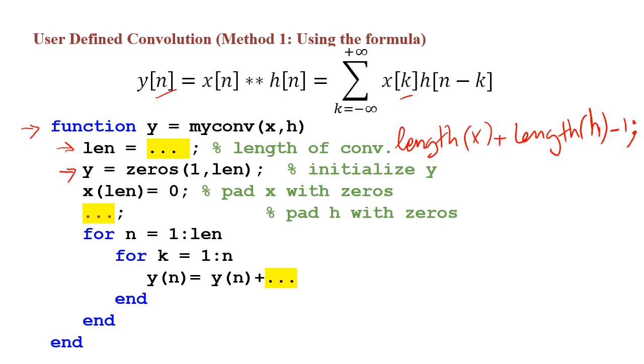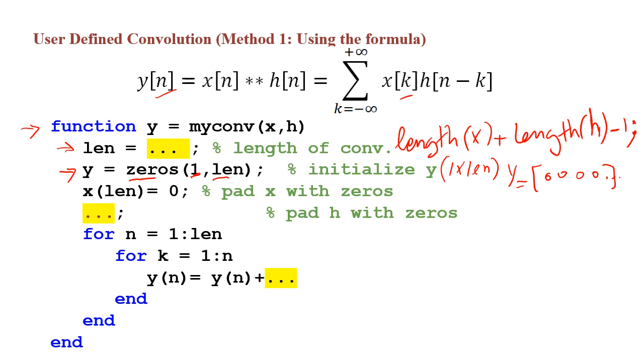So zeros is a built-in function in MATLAB that is used to create a matrix of all zeros of the provided size. So this is the number of rows in y, this is the number of columns in y. So now y is of size 1 by len. So this is the size of y, and it consists of all zeros. It's an array of all zeros, or it's a row vector, if you may say.